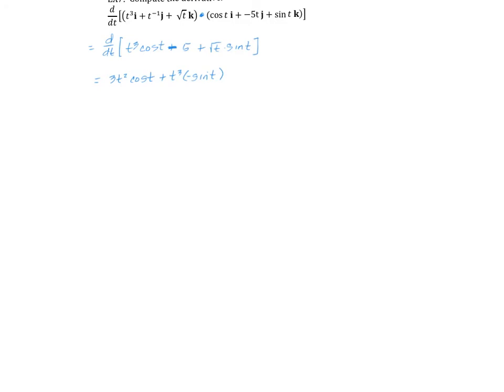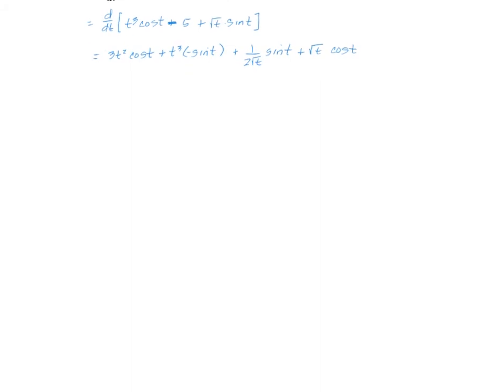So now I'm going to look at the derivative of the square root of t times sine of t. Again, I have to use a product rule. So this is going to be plus 1 over 2 square root of t, the sine stays, plus square root of t stays times cosine of t. That's my derivative. I'm just going to clean it up a little bit. Remember, this is not a vector.